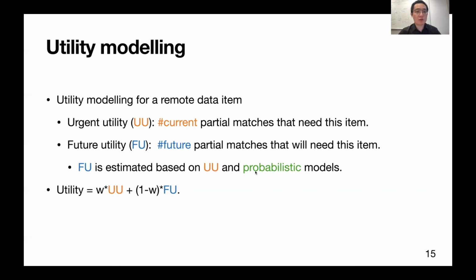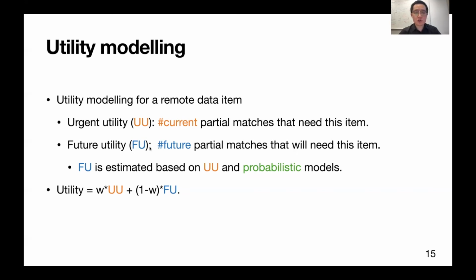Now we look at how utility modeling works. For a certain remote data item, the utility modeling considers its urgent utility, that is, the number of current partial matches that need this item. We also consider its future utility, which is the number of future partial matches that will need this item.